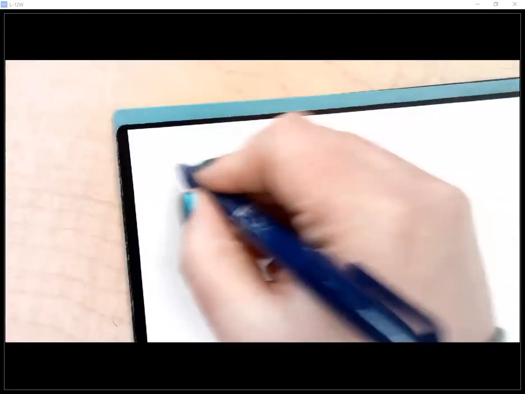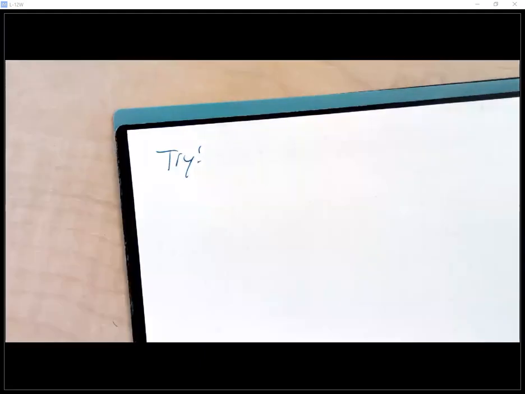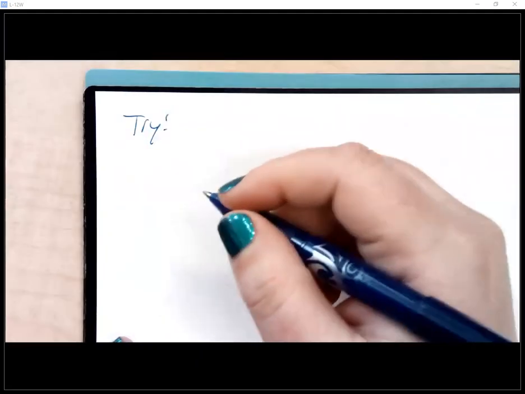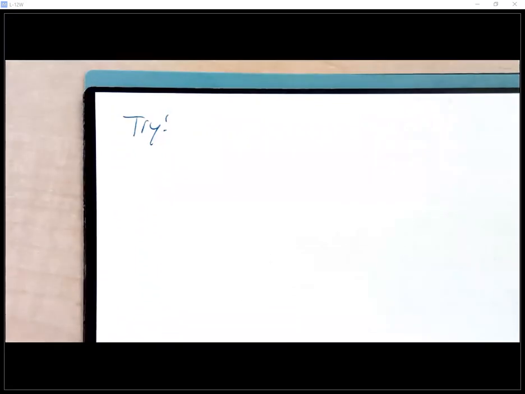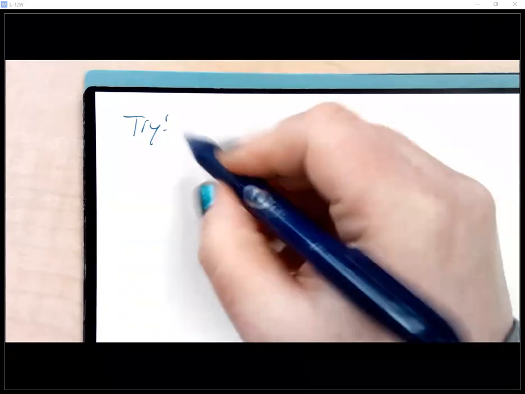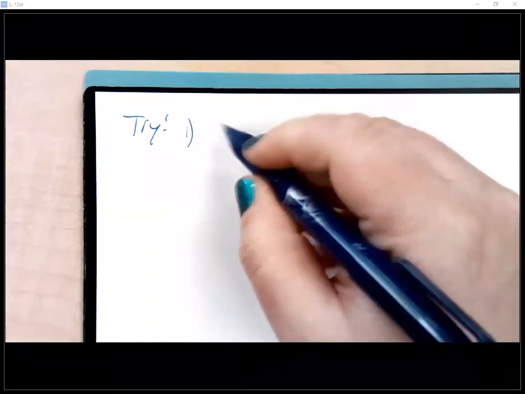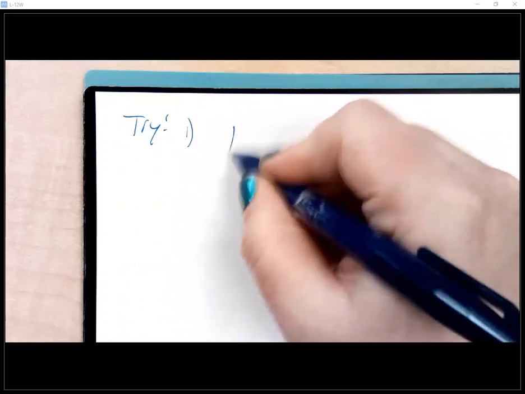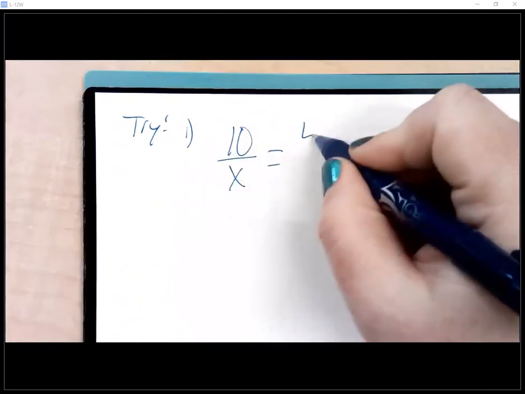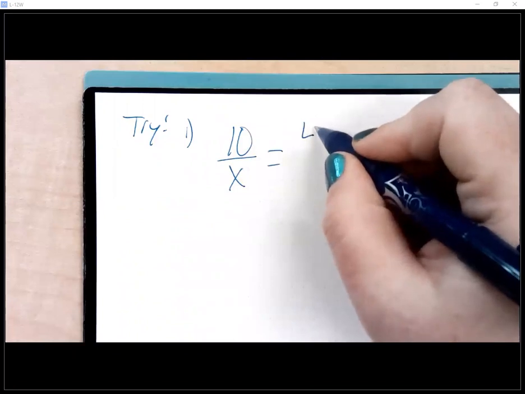By the way, they don't always come out as nice numbers, so you can get decimals, whatever. Oh, good news is I'm pretty sure you can use a calculator for this whole chapter. So if you want to use a calculator, feel free. Let's do, how about 10 over x equals 4, no, never mind.